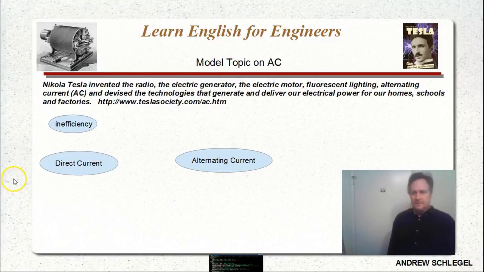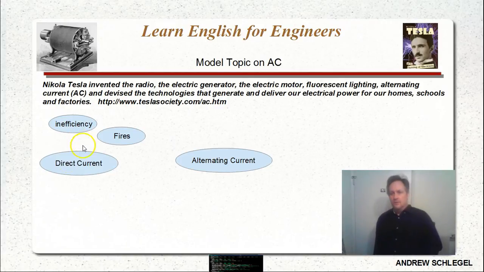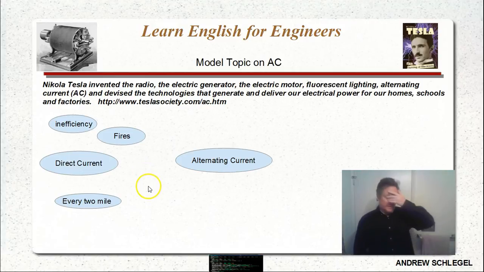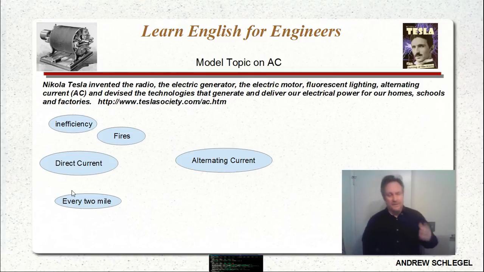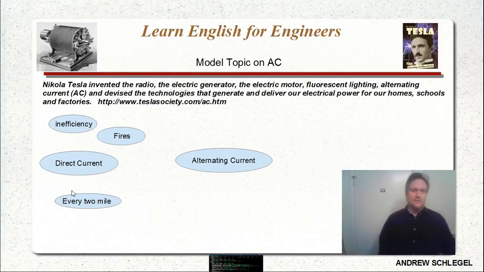Can anybody give me something else? Great, it causes fires. It's prone to catch fire, so that's not a good thing. We don't want our electric power plants catching on fire all the time. Anything else? Great, and that's exactly right. They had to put substations every 2 miles just to prevent overheating across the transmission lines. So that's quite a problem with DC power.